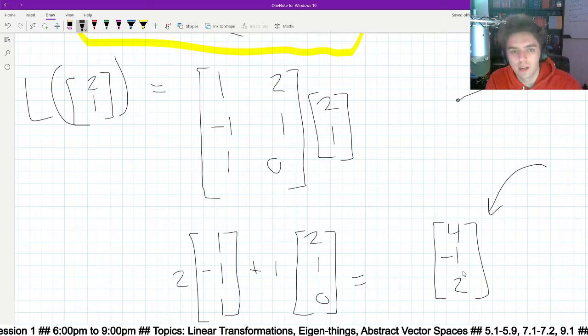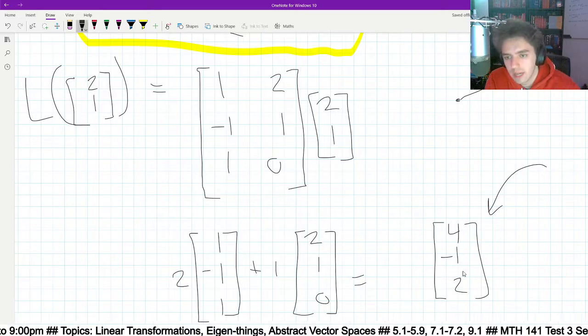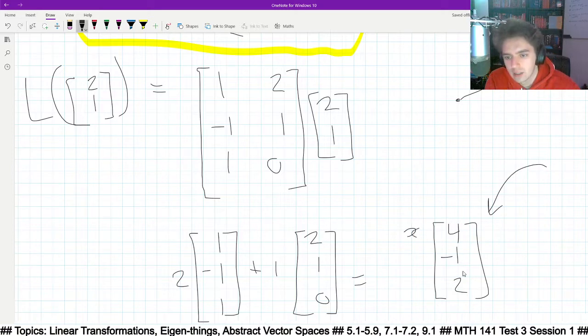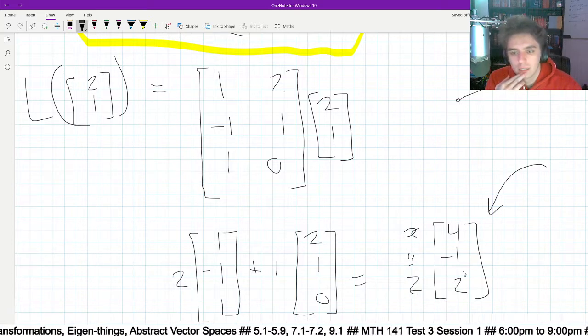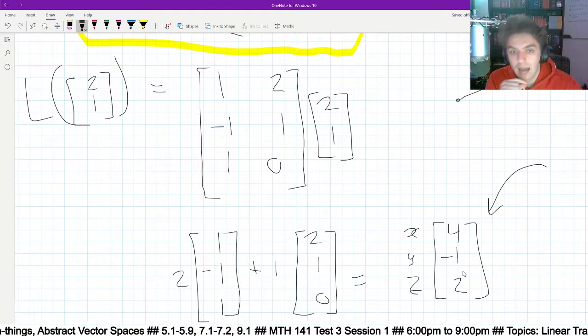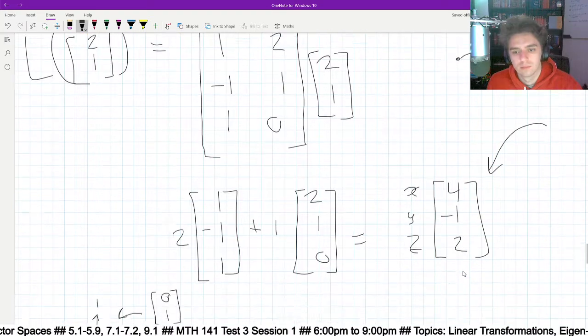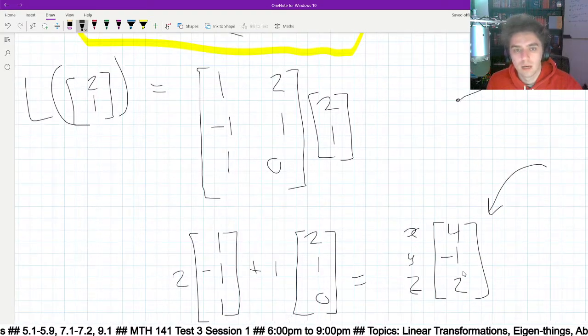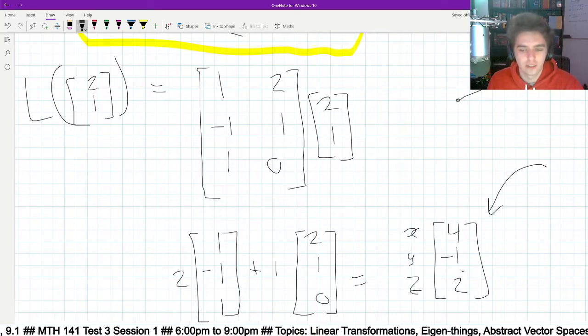The output vector after the transformation, I can't draw it because it's in 3 dimensions, but it would be at that position, X, Y, Z. That's where the tip of the vector would be. Oh, okay, after the transformation. So it represents the vector in R3 after the transformation.